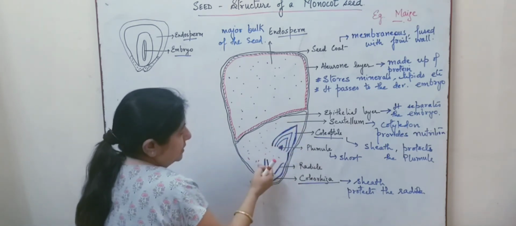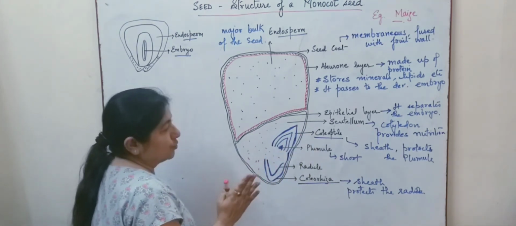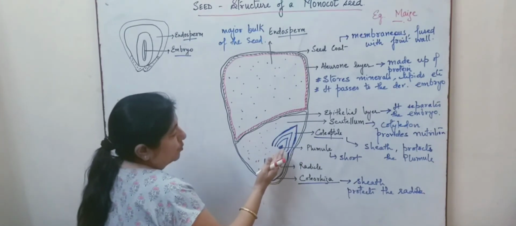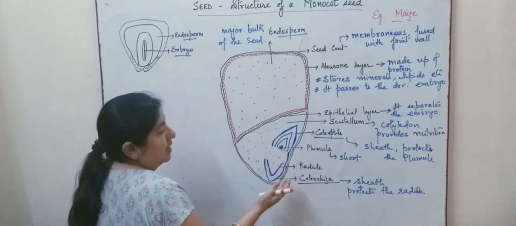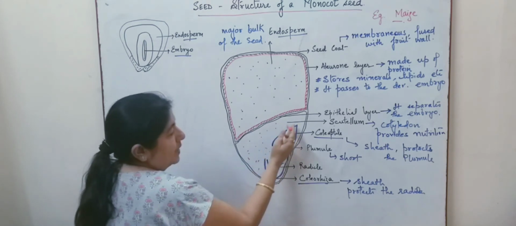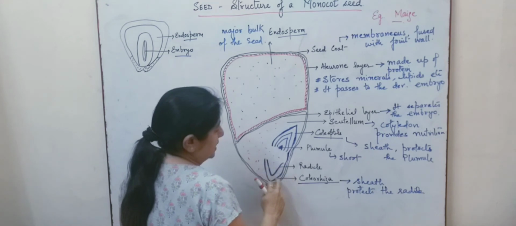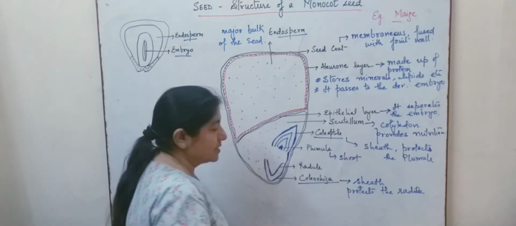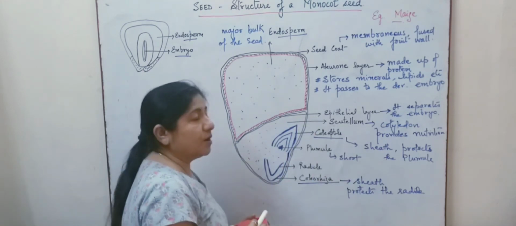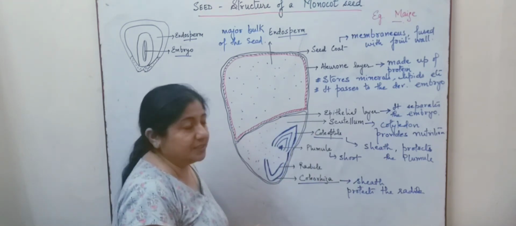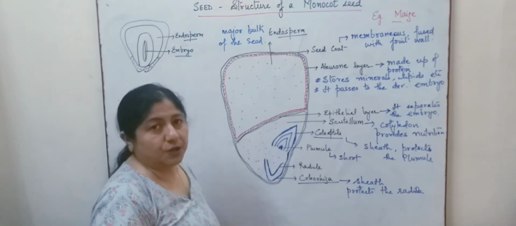The embryo is situated towards one side in the groove, and it has the embryonal axis, having the plumule and the radicle. The plumule is protected by a sheath known as the coleoptile, whereas the radicle is protected by another sheath known as the coleorhiza. So these are the various structures which are found in the case of monocot seeds. There is a distinct difference between the two types of seeds.